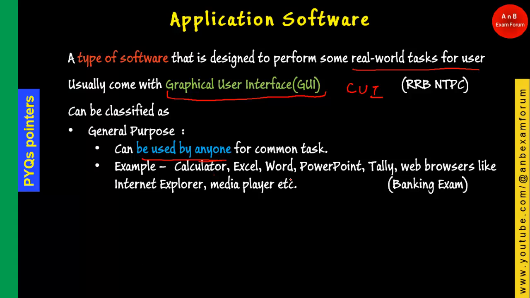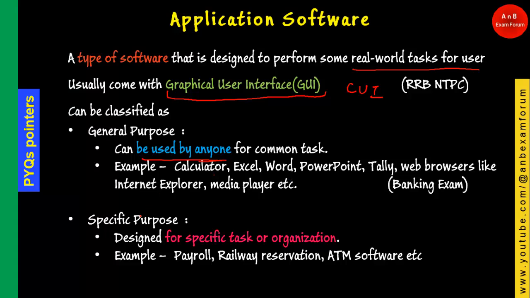But if we talk about specific purpose application software, those are designed to perform specific tasks or for an organization. If we talk about railway reservation processing, you and I cannot do that. In fact, we have separate general purpose software with which we can book our ticket.